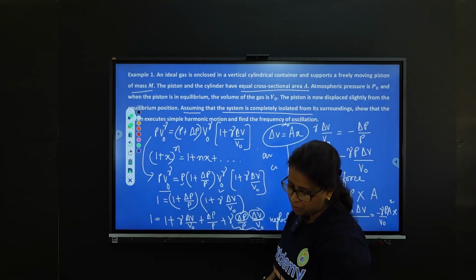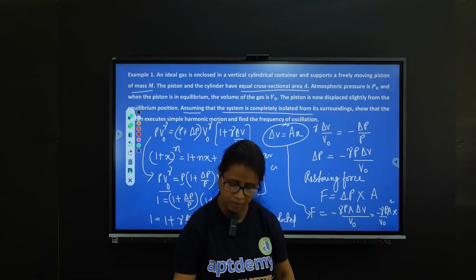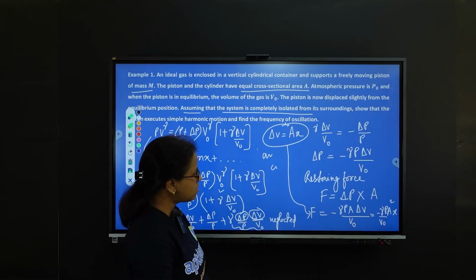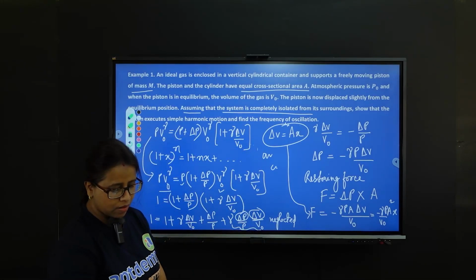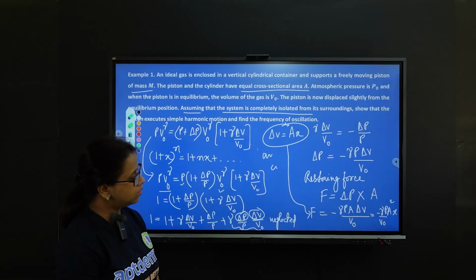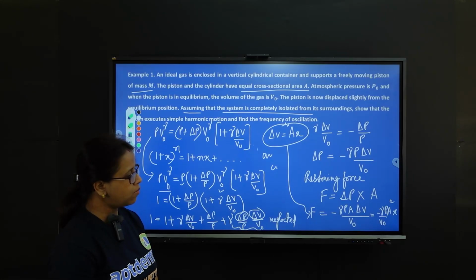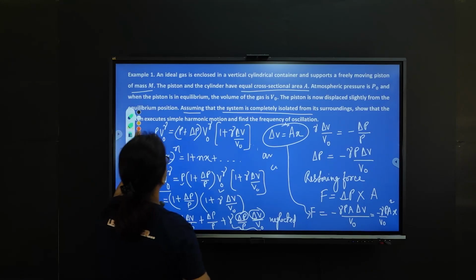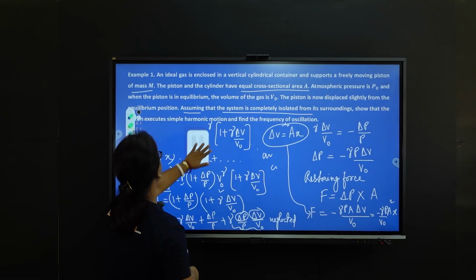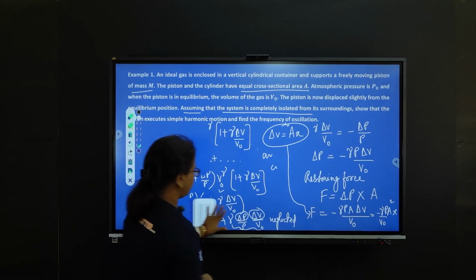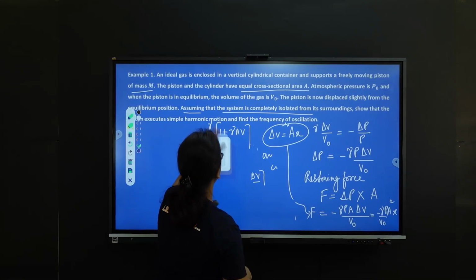So we have minus gamma P A square by V naught times X. So let's work on that. We already know the value of P. Let's put it in and see how the equation looks.